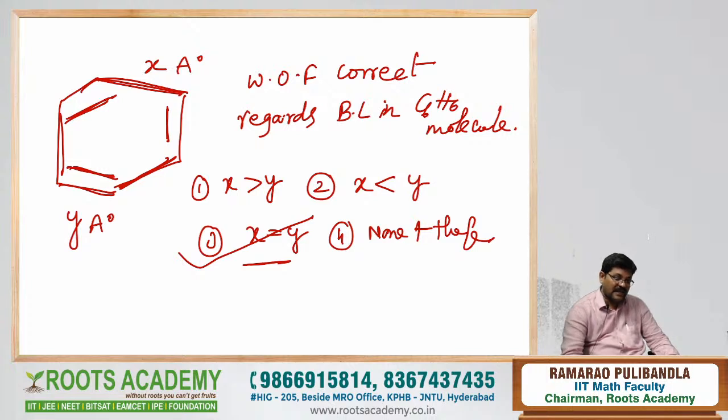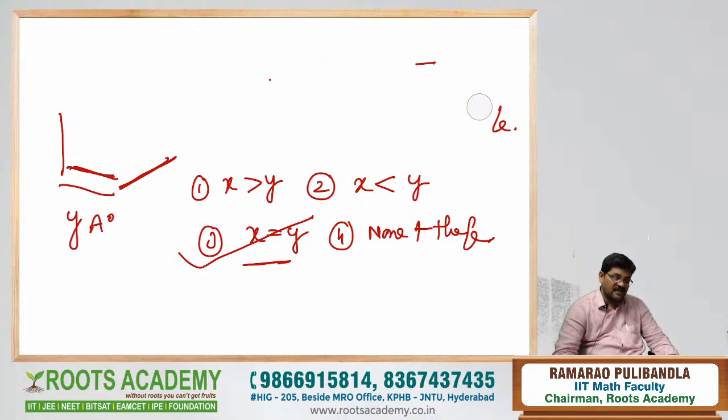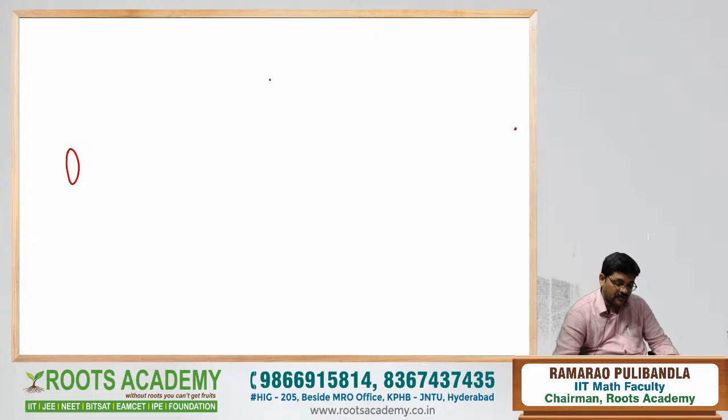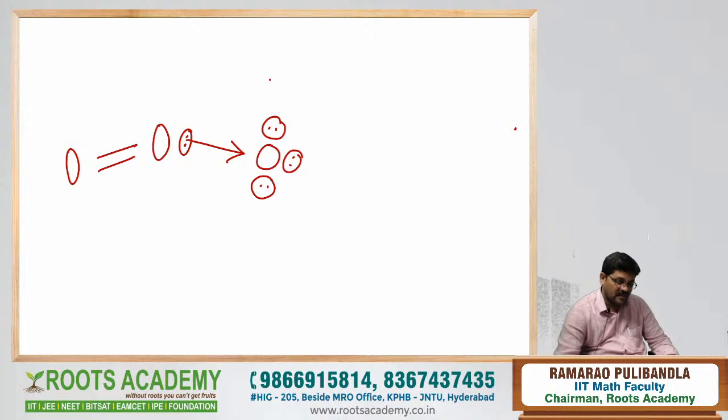I will give one more bit like this. This was also given in a previous examination paper. Take the example of the ozone molecule. You know ozone is available in the stratosphere as a protective layer. This is the structure of the ozone molecule.